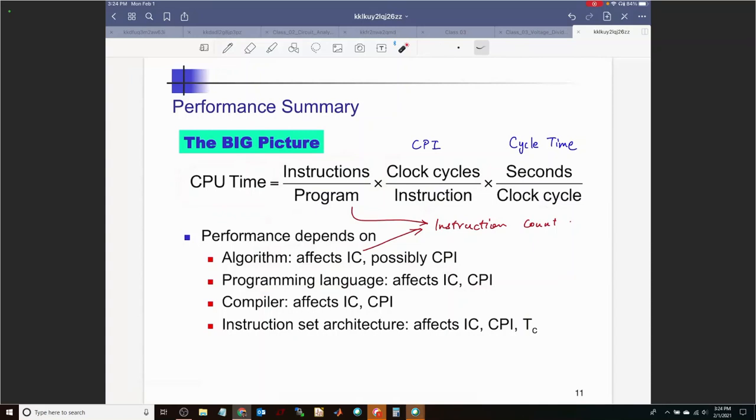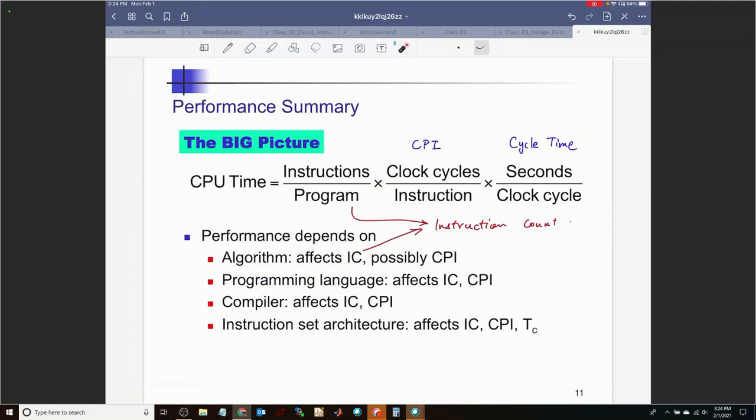What will that do to CPI? That is going to increase your clock cycles per instruction. And because it's a programming language and you will be writing some source code that will be translated into machine language later on, it also affects your instruction count.